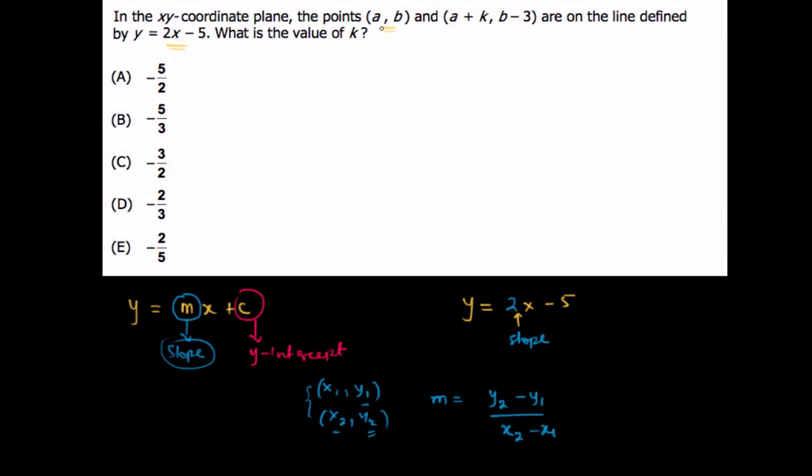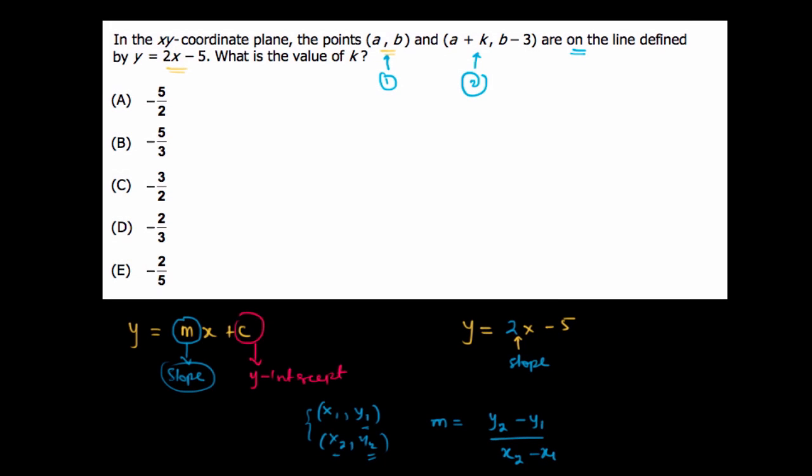Now what we're given here is our first point, point 1, and this is the second point, point 2. We are told that these points are on the line. So I'm going to label this x1 and this y1, since it's my first point, and then this is my second point, so I'll call this x2 and this y2.